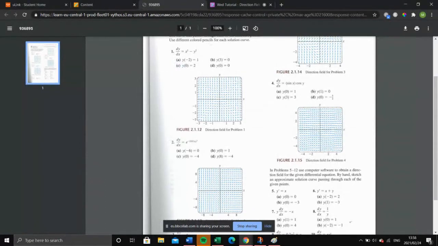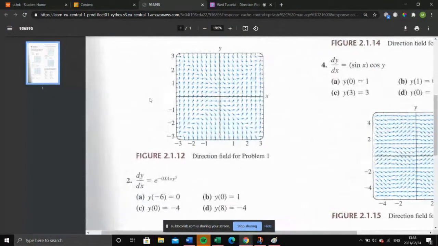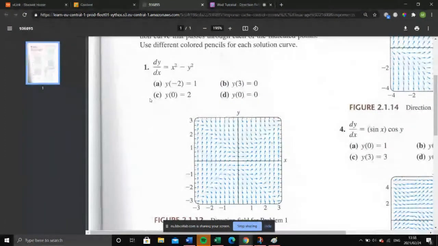A direction field, your lecturers will have shown you direction fields when they were teaching you. It's just a way for us to visually represent a differential equation, or a family of differential equations, should I say. What happens is we take that differential equation and evaluate it at a bunch of different points.